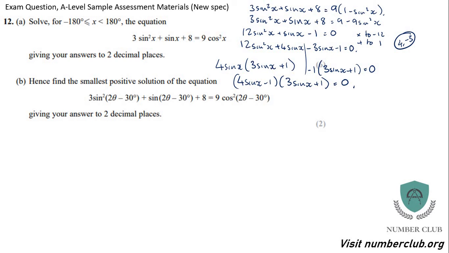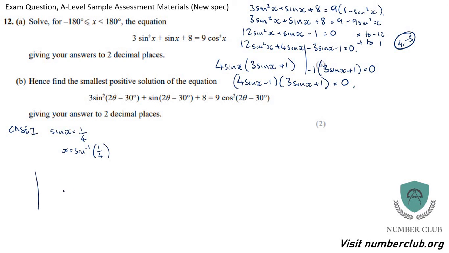Okay, now we've got 2 cases. We've got case 1. You have to use this space down here. So we've got case 1, which is 4 sine x minus 1 equals 0. That means that sine of x must equal 1/4. X equals inverse sine of 1/4.